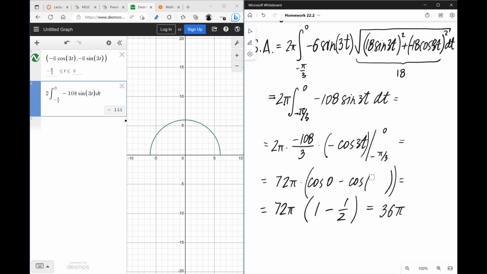Well, this is what Desmos is for, to check the work. So cosine of 0, this is actually negative pi, and cosine of negative pi is negative 1, right? And here we get 144 pi. So this is the right answer, right? 144 pi. Now I'm pretty sure of that.